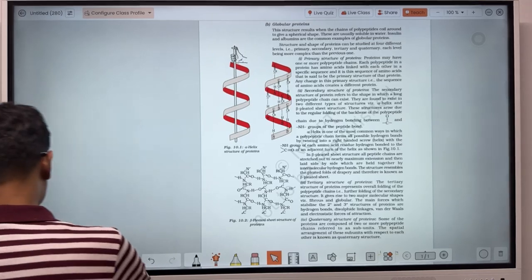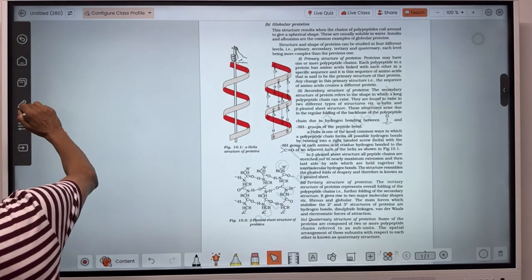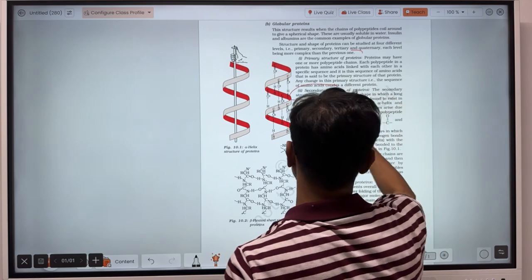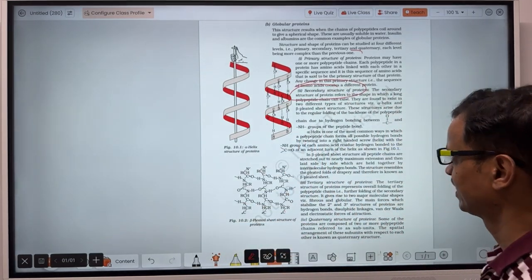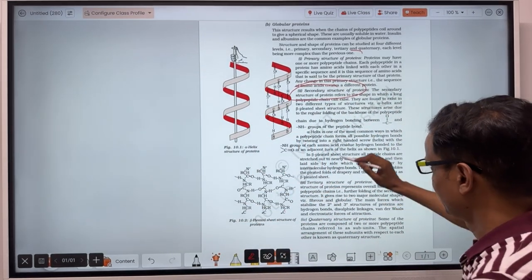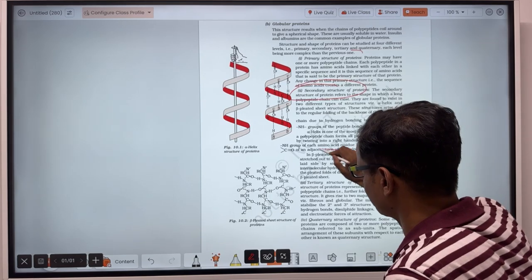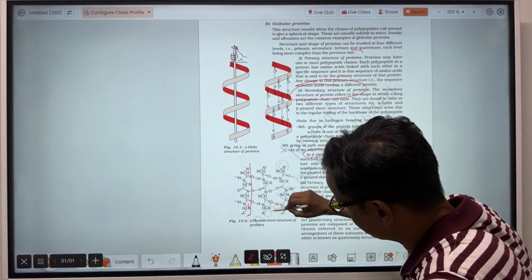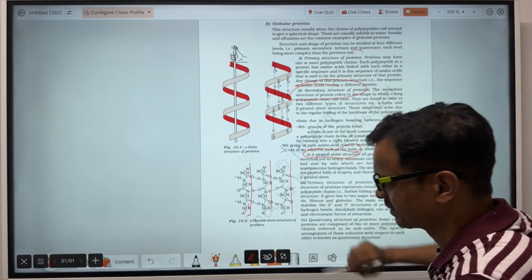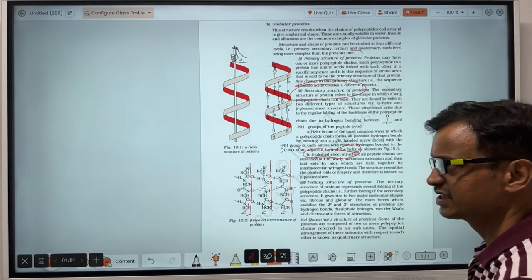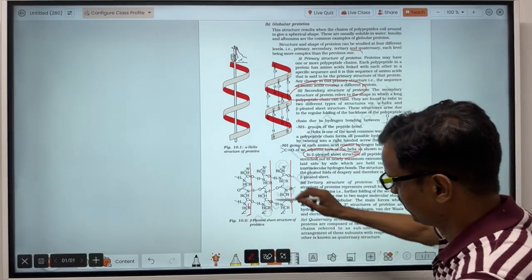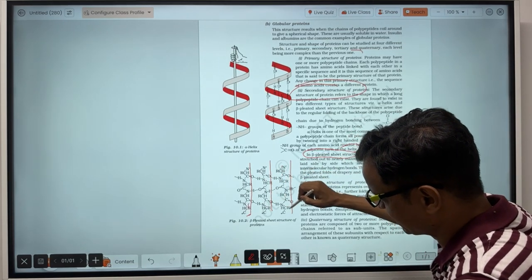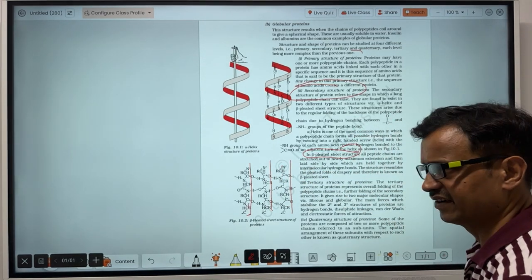In the secondary structure there will be coiling of the chain. The other form is the beta pleated structure, in which this polypeptide chain, this polypeptide chain, and this polypeptide chain run parallel to each other, and they are bonded with each other through hydrogen bonding.